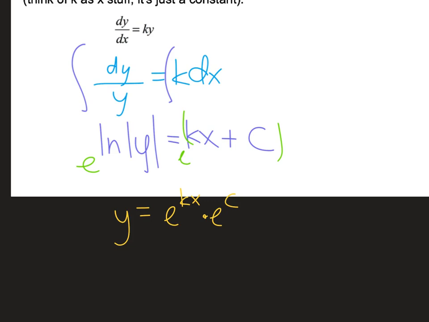Well, isn't e to the c just a number? Because that's e, which is a number, to c, which is also a number. So that means I can rewrite this equation as y equals, I'll call it c1 e to the kx. If you're wondering why I put c1, it's because c1 could be different in value from c. In fact, it probably should be.